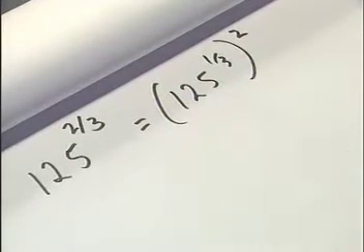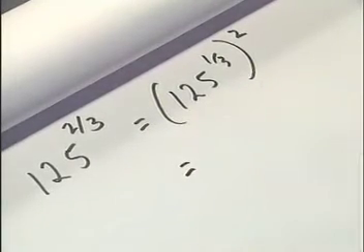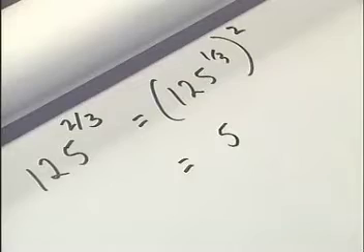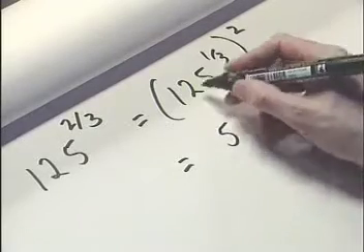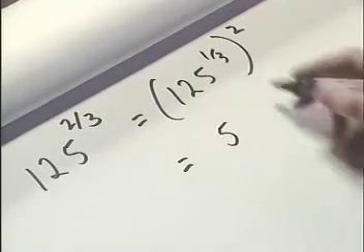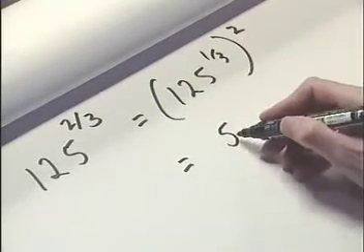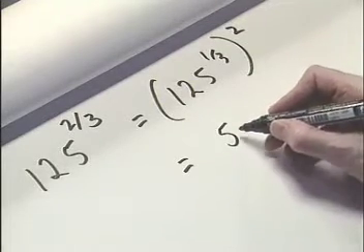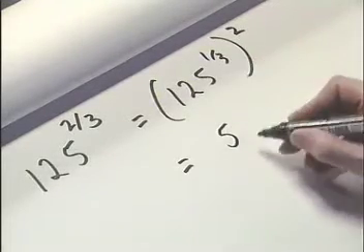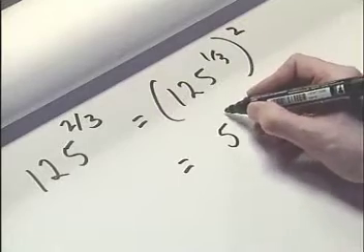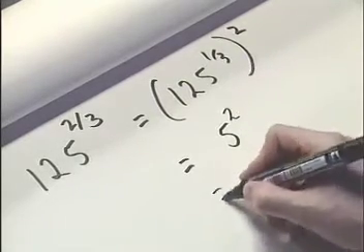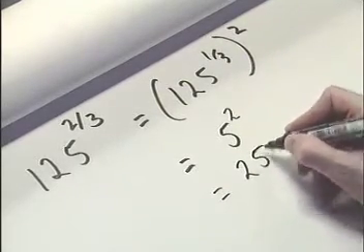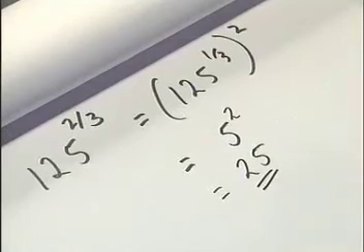So it's a fair guess that 5 multiplied by itself 3 times would give us 125. And indeed it does. So 125 to the power 1/3 is 5. The number multiplied by itself 3 times that gives us 125 is 5. And now we just want to square that, and that obviously gives us 25.